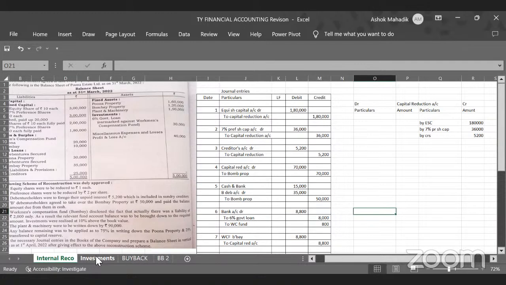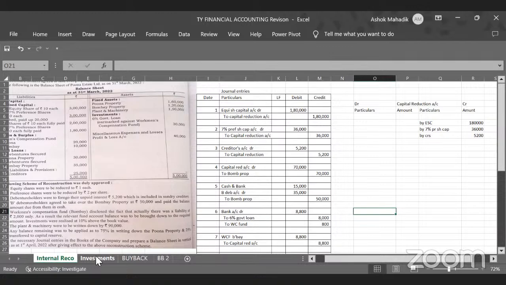Should I dictate, students? You'll be writing it down. Okay. First one: write a short note on internal reconstruction of companies.